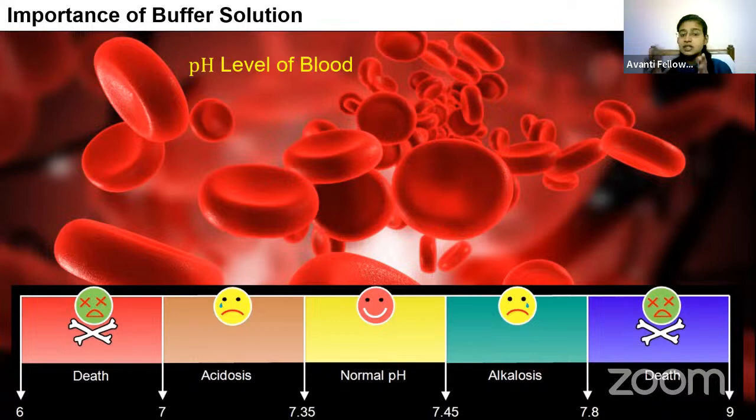And if it is between 6 to 7, it leads to death. In the same way, if it is between 7.45 to 7.8, it is called alkalosis, and beyond 7.8, it leads to death. So the pH level of the blood should be between 7.35 and 7.45.